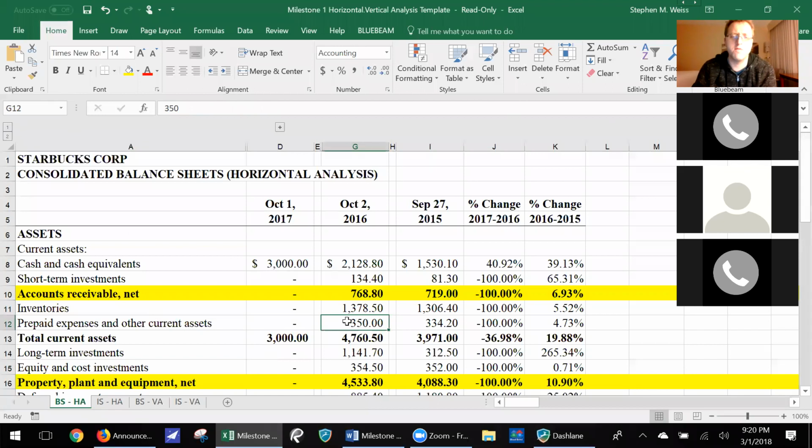You don't see 350 for 2016? You see something else? Or do you see this broken up? You see 347 in the 2017 report under 2016.